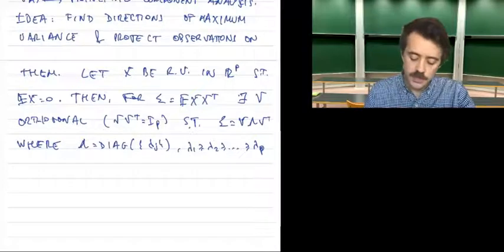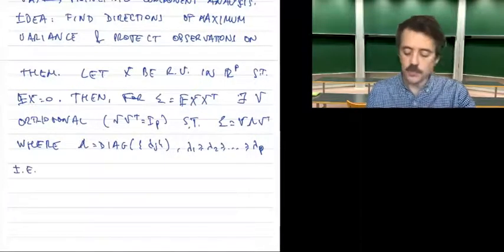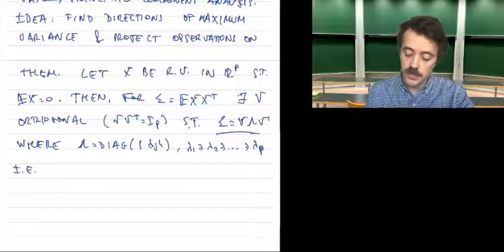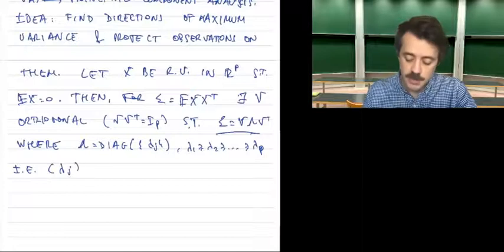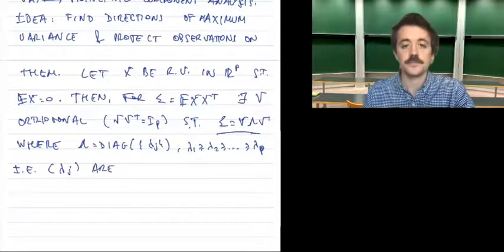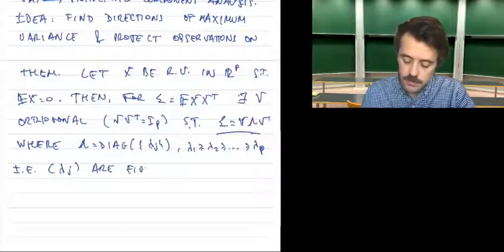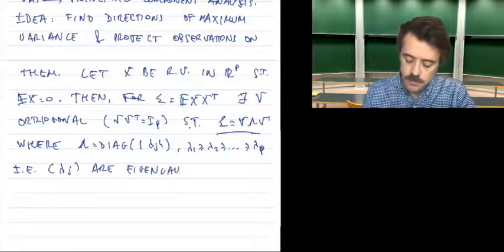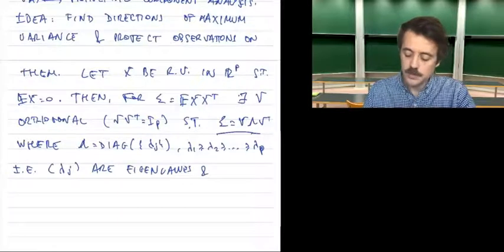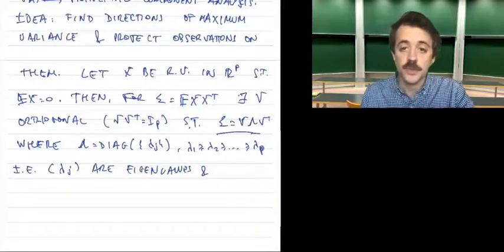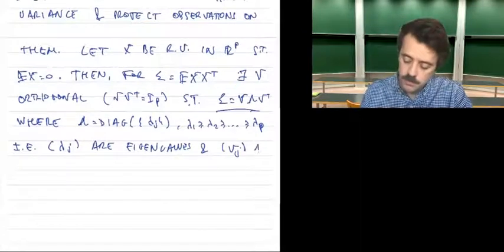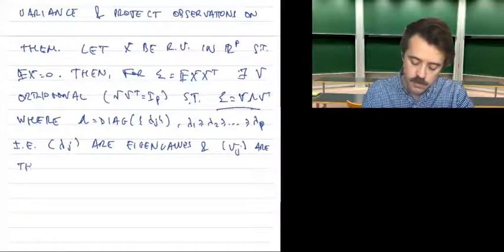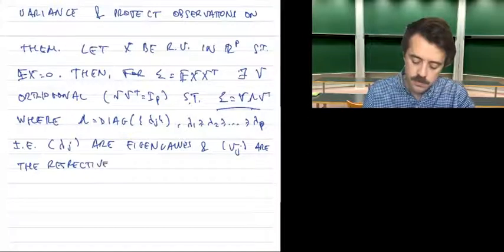In other words, now that we see this decomposition, these lambda j's are going to be eigenvalues of this capital sigma, of course, and the Vj's will be the respective eigenvectors.